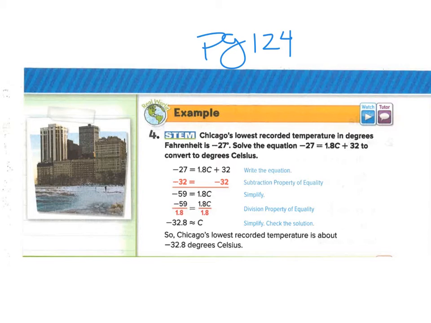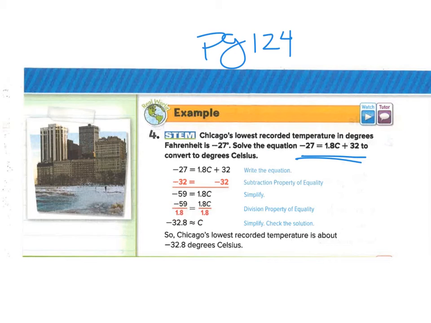This one is where they're actually using a formula, the formula to find Fahrenheit when you have the Celsius temperature. It says Chicago's lowest recorded temperature in degrees Fahrenheit is negative 27 degrees. Solve the equation negative 27 equals 1.8 C plus 32 to convert the degrees to Celsius.